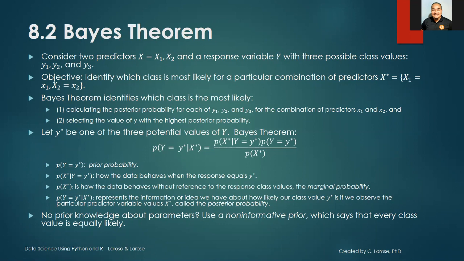Number 2, selecting the value for y with the highest posterior probability. Let y asterisk be one of the three potential values of y based on the given equation.